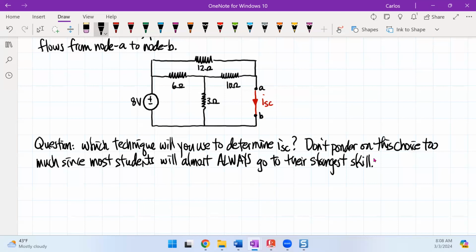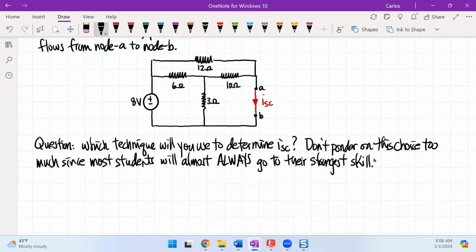So in other words, if you really like mesh analysis, then you're going to go after mesh analysis. If you're going to use node analysis, you're going to go to node analysis. If you're going to do simple circuits, then you're going to go to simple circuits.